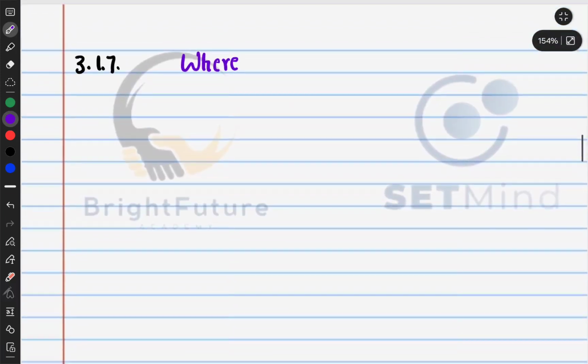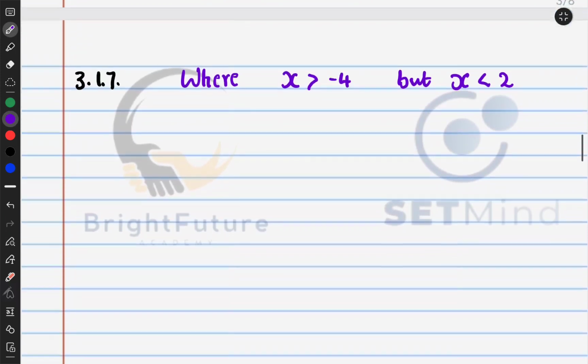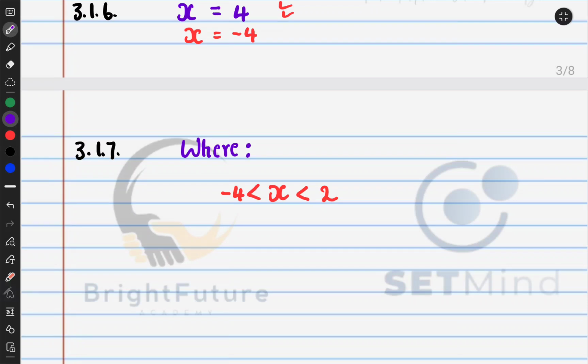We say x is greater than -4, but x is less than 2, and then we can erase this, and that will be your answer.